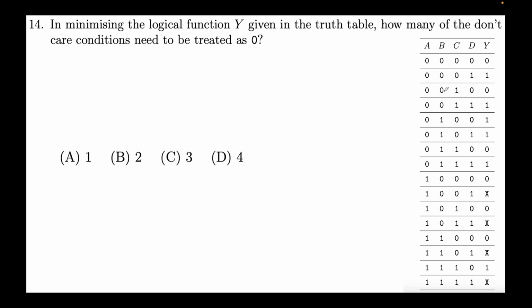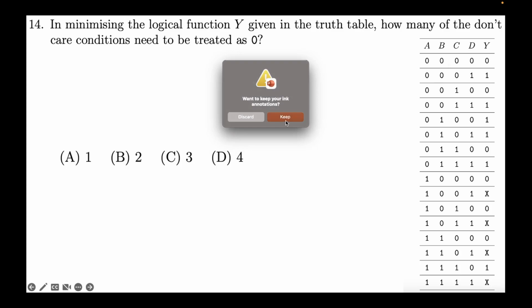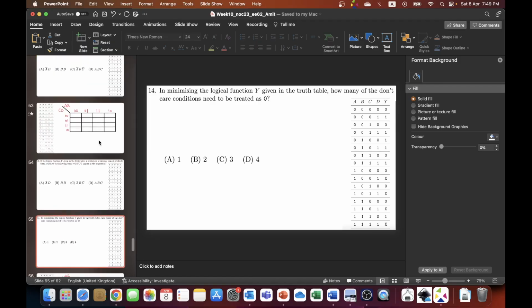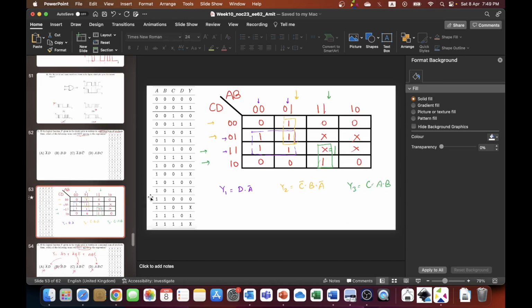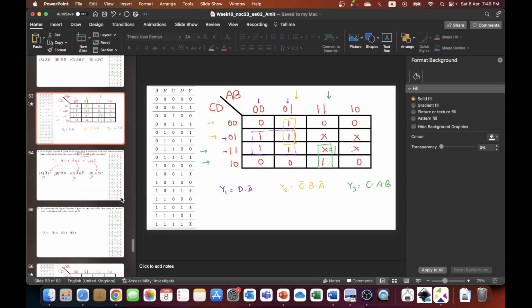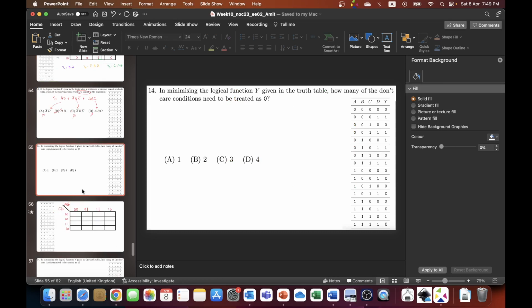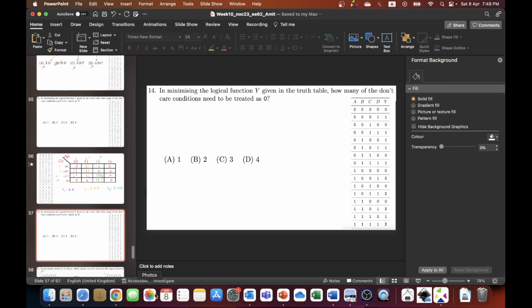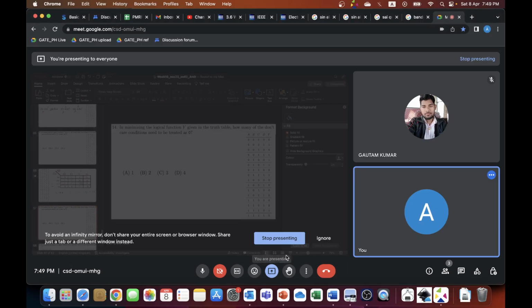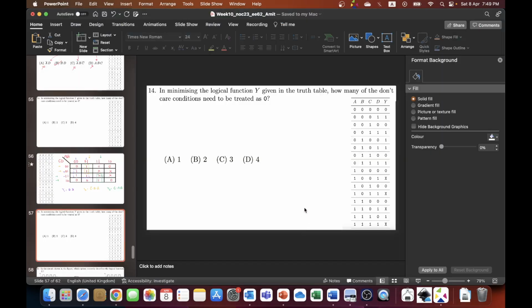Right, so this is the same problem as before. Actually, the truth table remains the same. So let me just copy the other thing first, so that we copy that. Okay, is my screen visible?